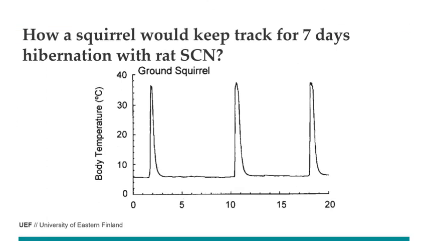And that's the only way this ground squirrel can work with the suprachiasmatic nucleus during hibernation, because now the body temperature is 5 degrees Celsius. If it had the same kind of clock as the rat, it would never wake up because the suprachiasmatic nucleus would not work.